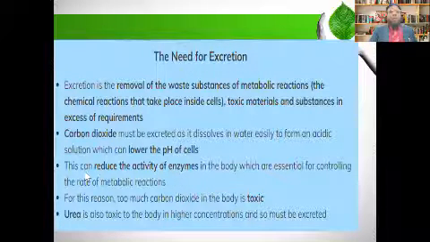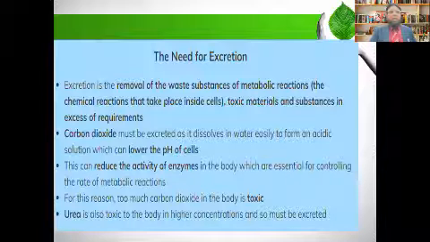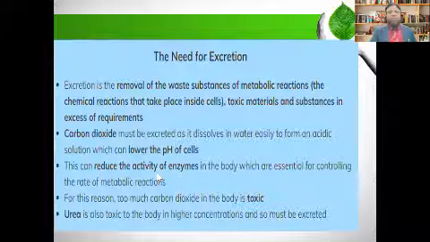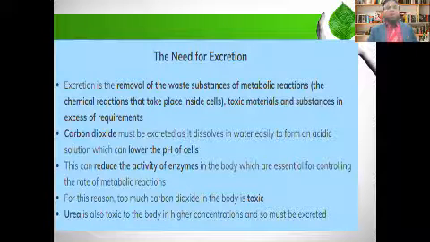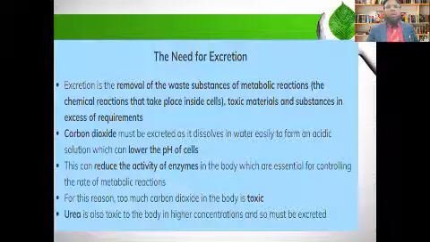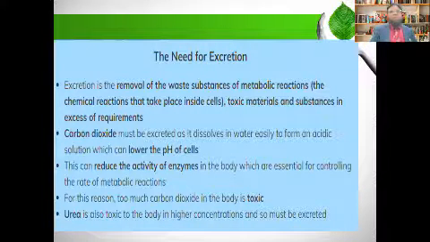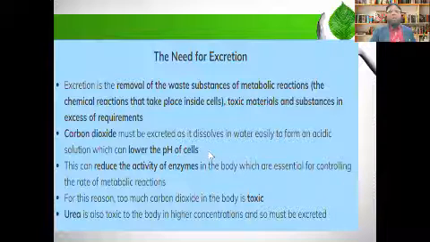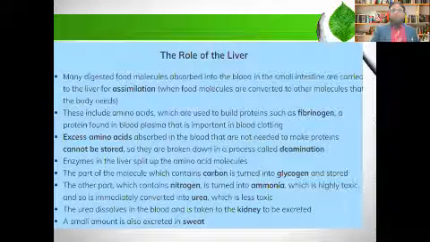Another important thing regarding excretion is that enzymes break down so many products, and some products are in a poisonous form, so they have to be removed from the body. Now come to the next slide.